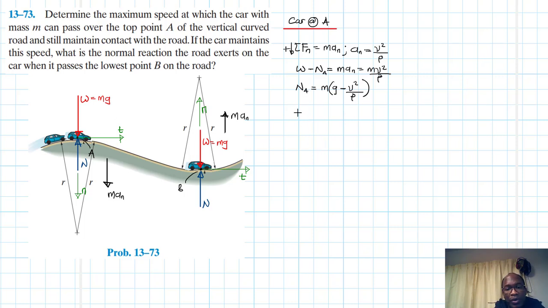So when N_A is less than 0, it means the car is not in contact with the surface.